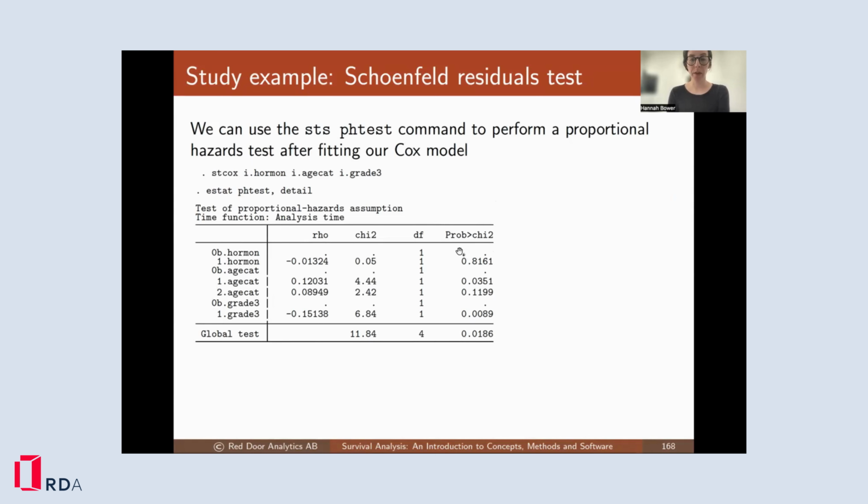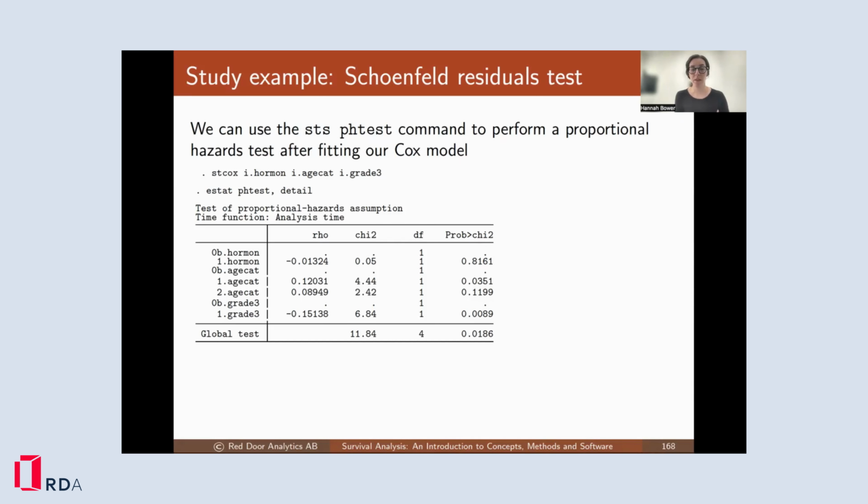So if we look at the hormonal therapy, we see that the p-value is greater than 0.05, which would indicate that proportional hazards seems like a reasonable assumption for this variable. When it comes to age category, we see that we have a value that's less than 0.05 and greater than 0.05, which leaves us in a bit of a pickle, because we don't want to treat the different age categories separately.